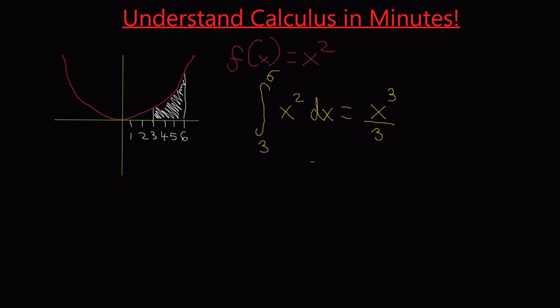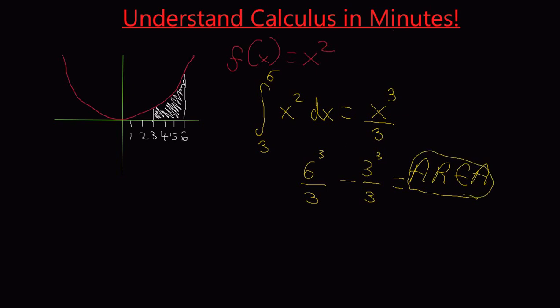So we put 6 cubed divided by 3 minus, and we substitute this one in, 3 cubed over 3 equals the area under that curve. That's the area of that curve. So these are the powerful things that calculus can help us with.